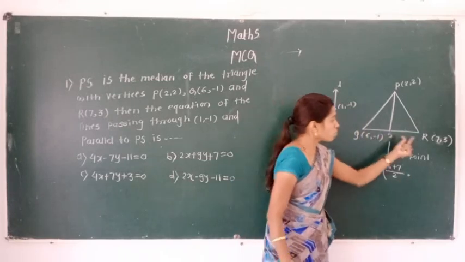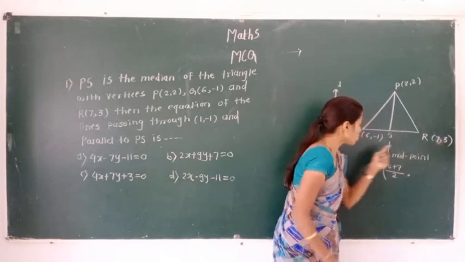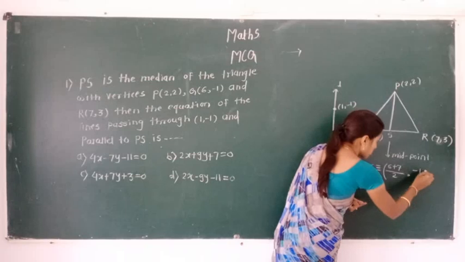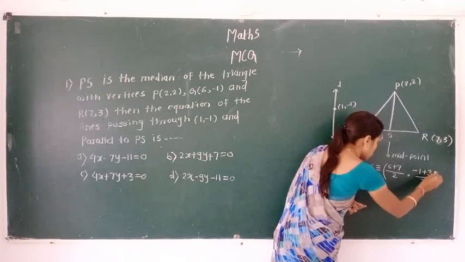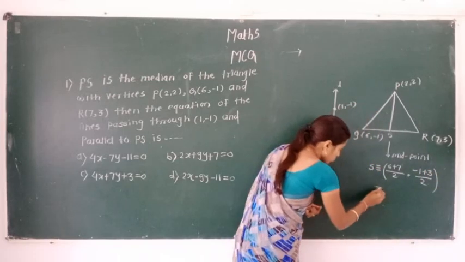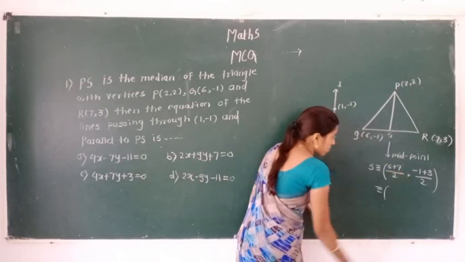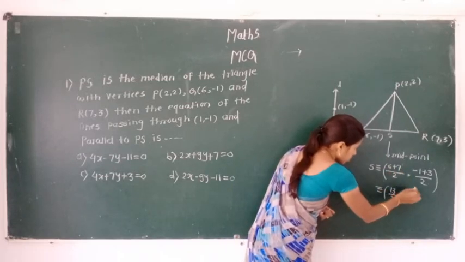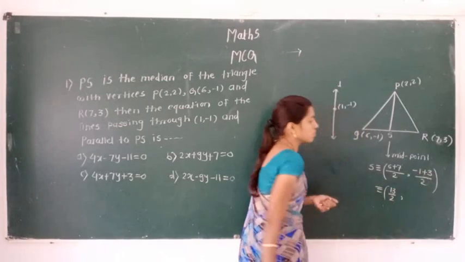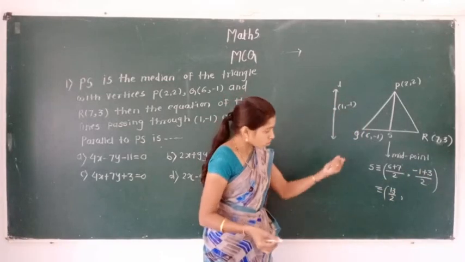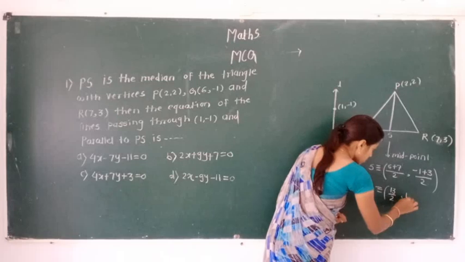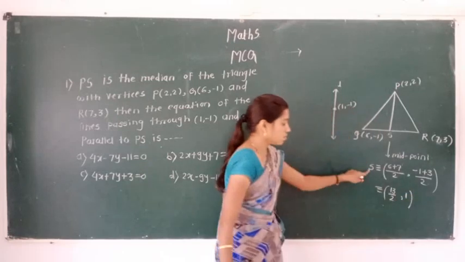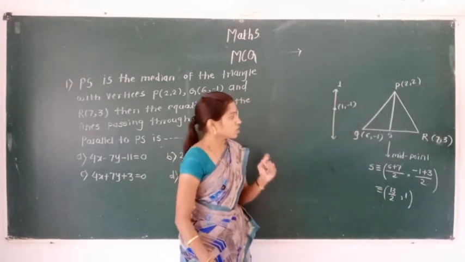Sum of y coordinates of Q and R, minus 1 plus 3, divided by 2. Simplify it, we get 13 by 2. Minus 1 plus 3 gives 2, and 2 by 2 gets 1. These are the coordinates of point S.